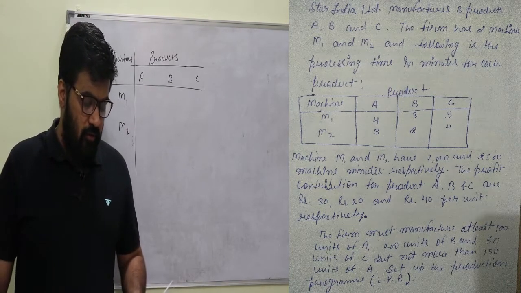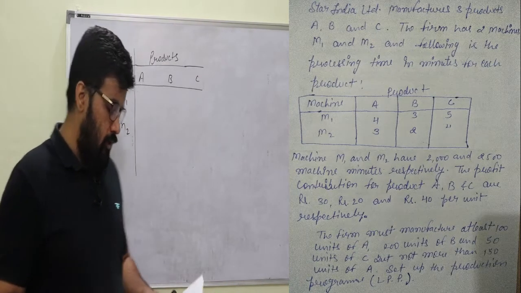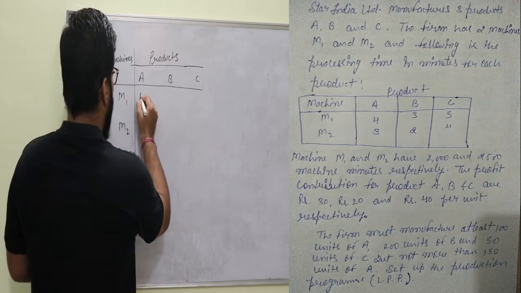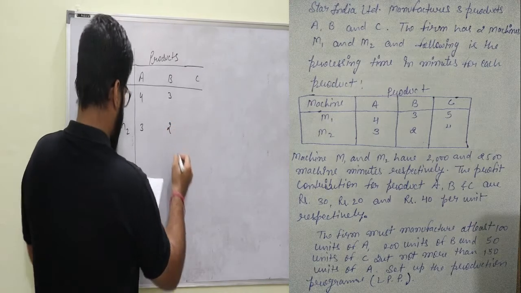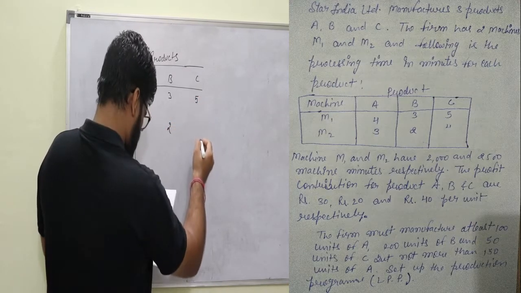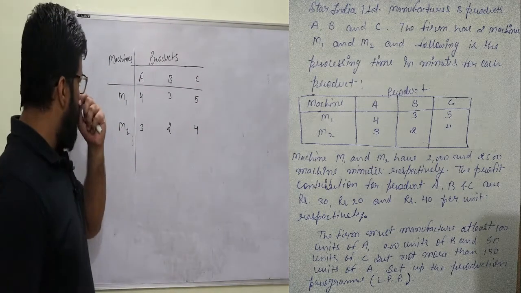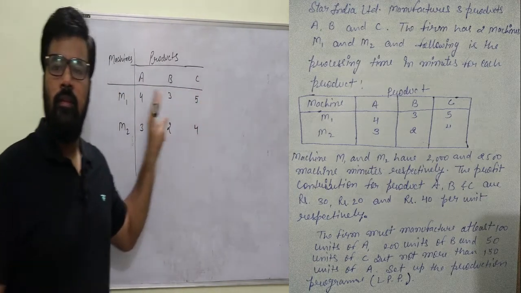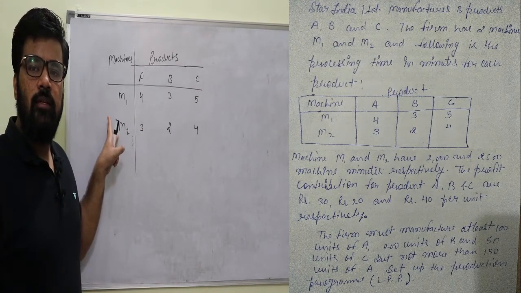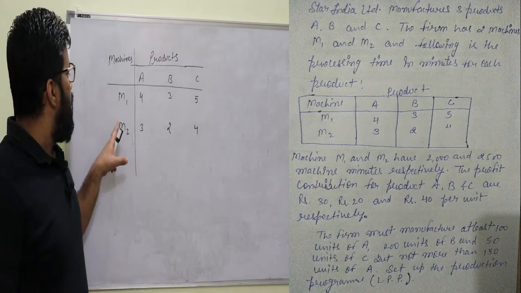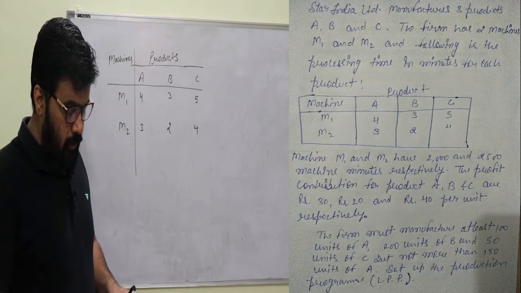The following is the processing time in minutes for each product. This is already given in tabular form, for M1 it is, right now I am just copying it and then will discuss in 2 minutes what this is. Right. So the company is producing 3 products, and M1 and M2 are 2 machines on which the products need to be processed, and these are the processing times in minutes for each product.